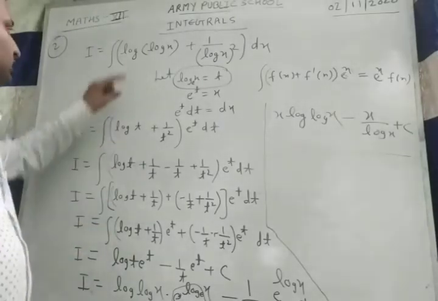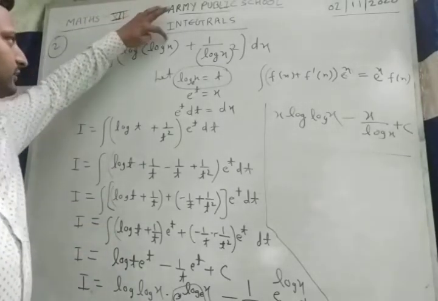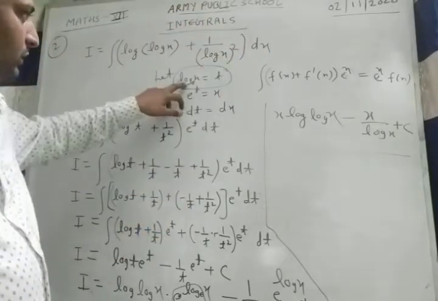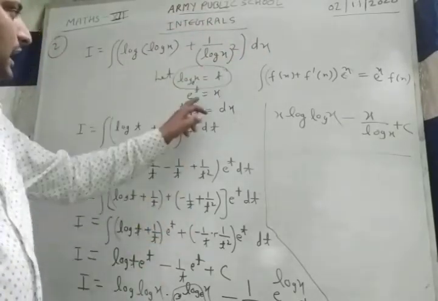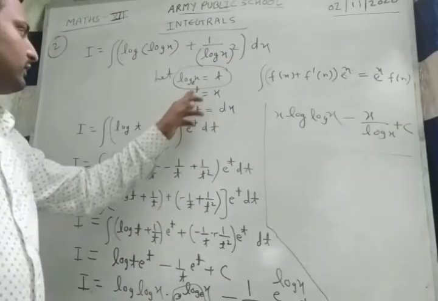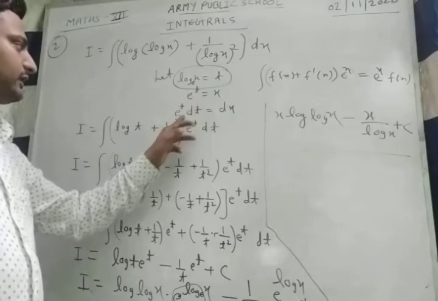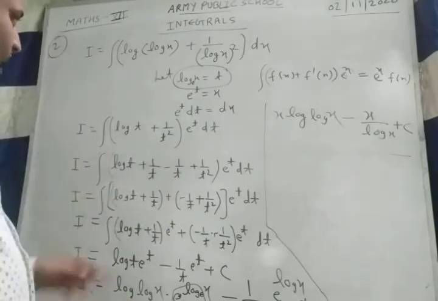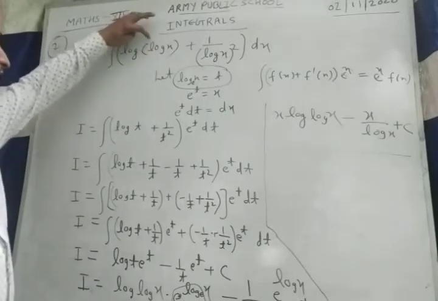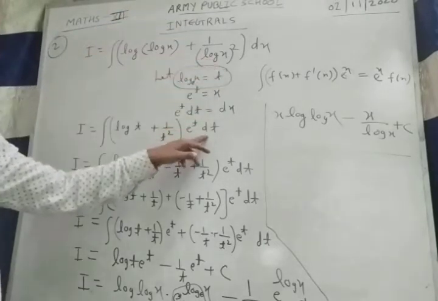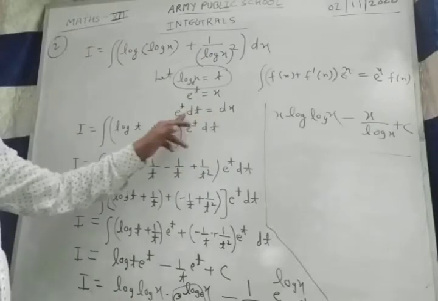So first we have been given the integral of log x plus 1 by log x square dx. We had taken log x as t and e to the power t is equal to x. So we differentiate this: e to the power t dt is equal to dx. Now change the integral. We write log t plus 1 by t square, e to the power t dt, because dx is e to the power t dt.